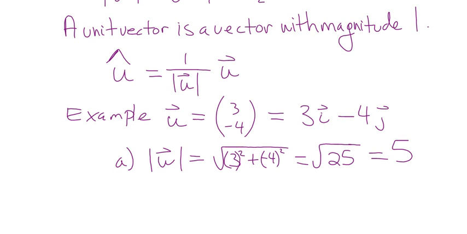Magnitude is this, which is 3, 4, 5. 3i minus 4j, that's your actual vector. Pythagorean theorem. There you go.